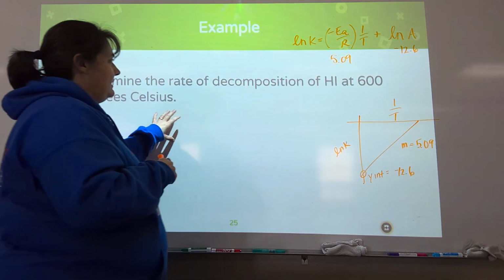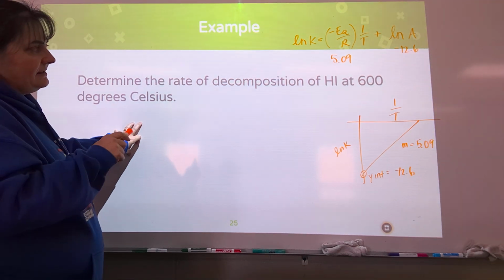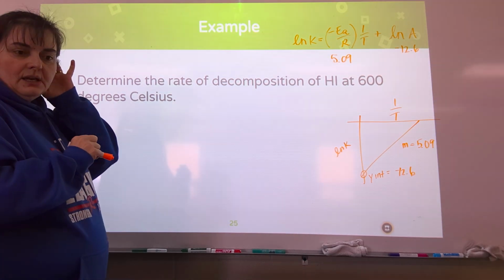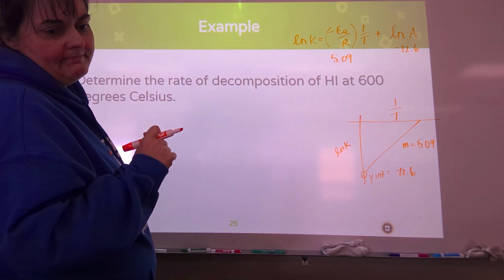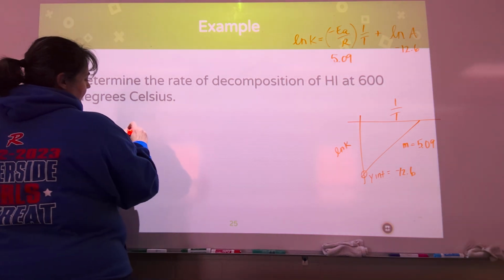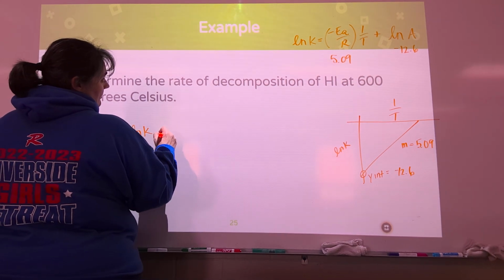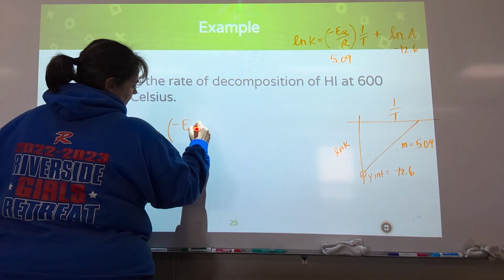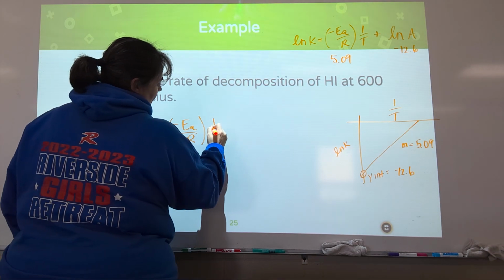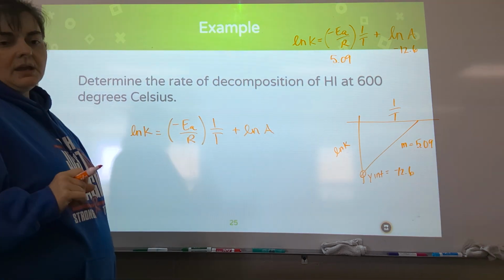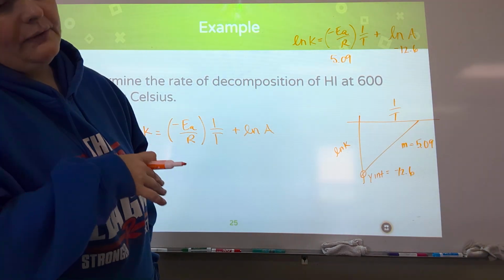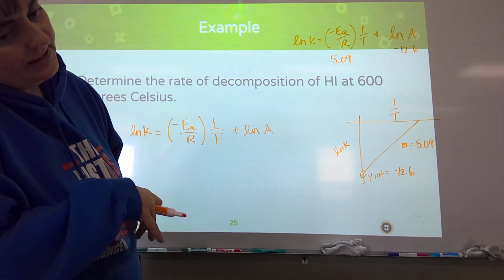We're going to determine the rate of decomposition at 600 degrees Celsius. We're going to use the natural log of K equals negative EA over R times 1 over T plus the natural log of A. And now we can plug the information that we found from our graph into this.